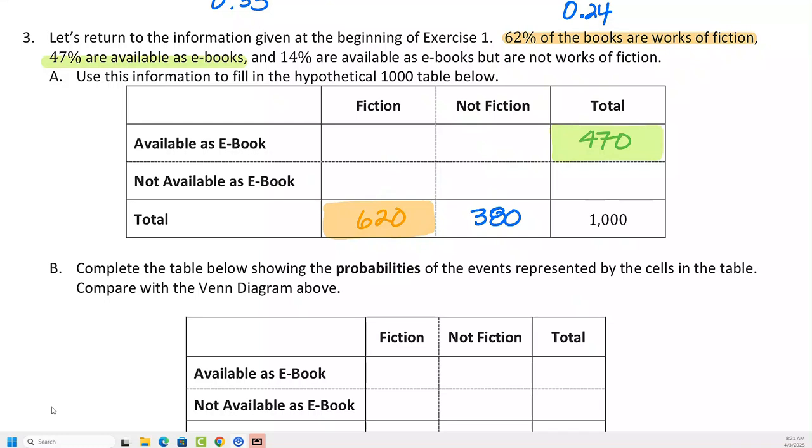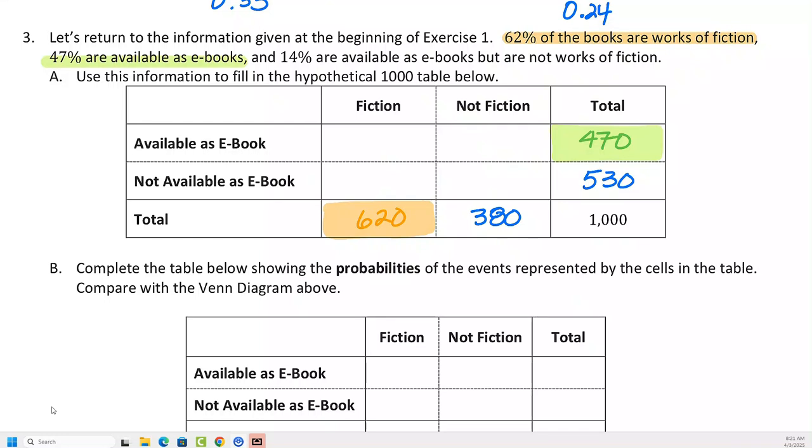Okay, so the nice thing is I can calculate this cell now. It's cell 6. And because these two have to add up to the 1,000, or I could subtract from 1,000: 1,000 minus 470 is 530.